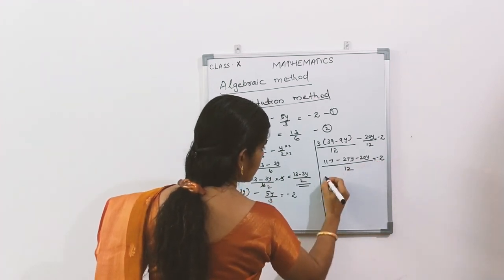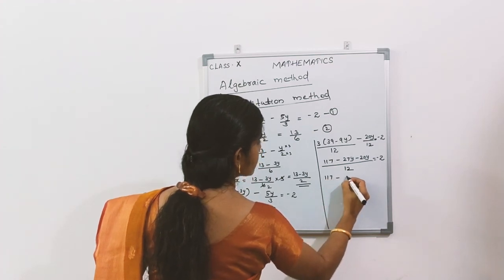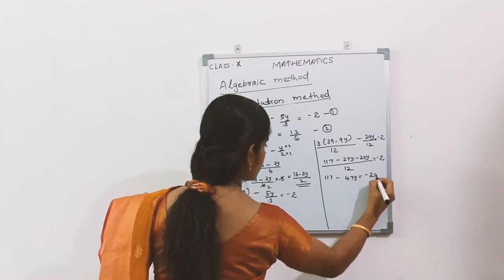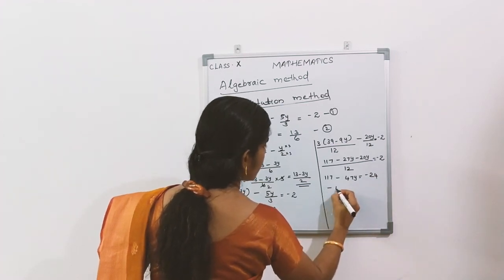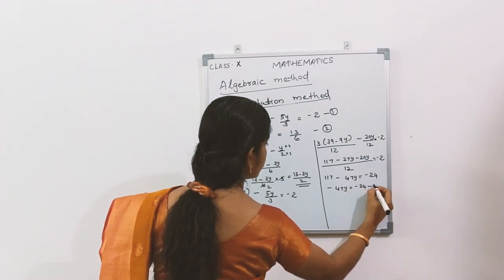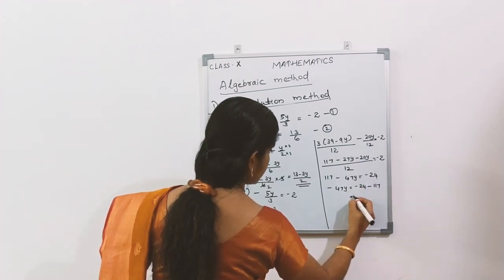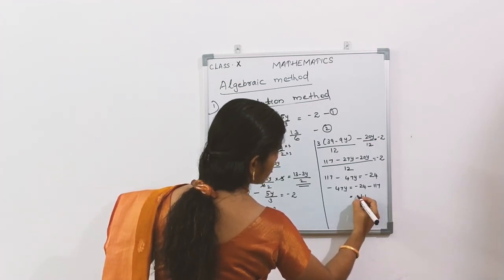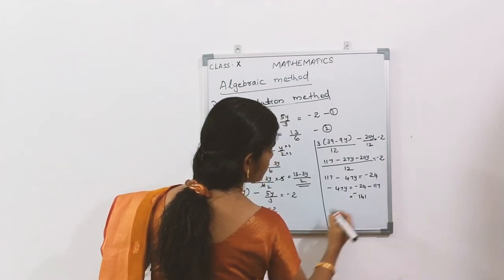Then 117 minus 47y is equal to minus 24. Then minus 47y is equal to minus 24 minus 117, that's equal to minus 141.